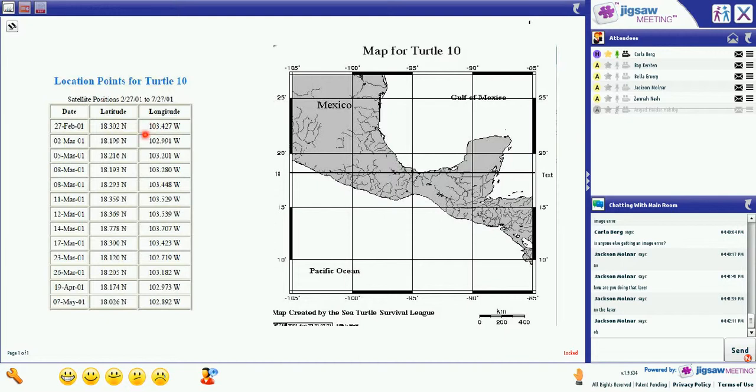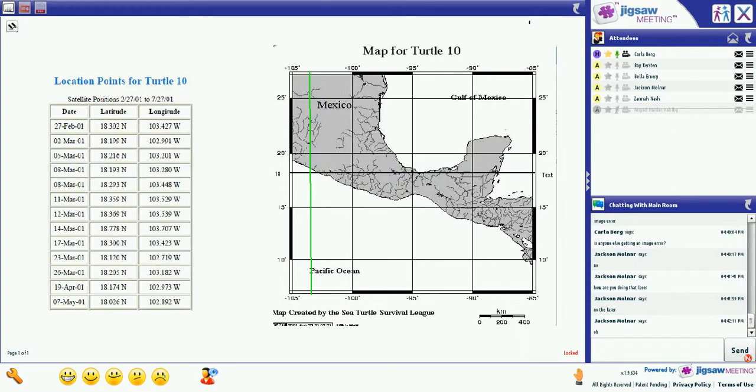Now we need to find our longitude, which is 103.427. So I'm going to draw a longitude line of 103, and I'm going to do this one in green. So a longitude line of 103 is going to be about here.